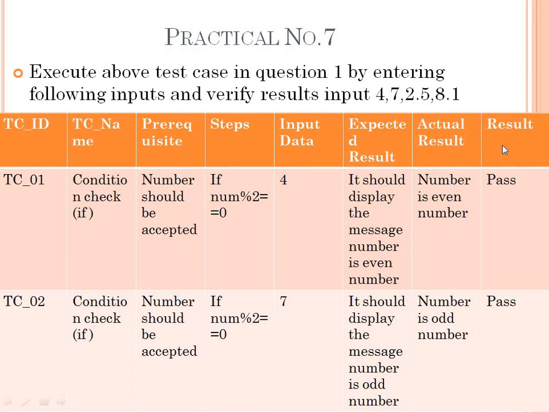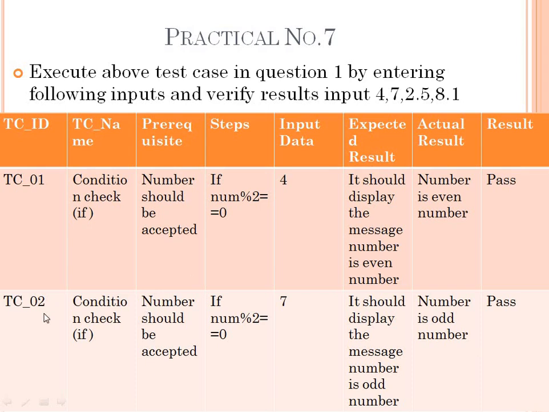Here are the test case parameters: ID, name, prerequisite, steps, input data, expected result, actual result, and the status, that is the result. The first test case is condition check. The prerequisite is that the number should be accepted. Here we put the condition number mod 2 is equal to 0. With input data 4, it should display the message number is even number, and the status is pass.